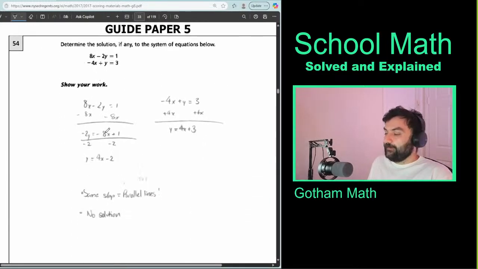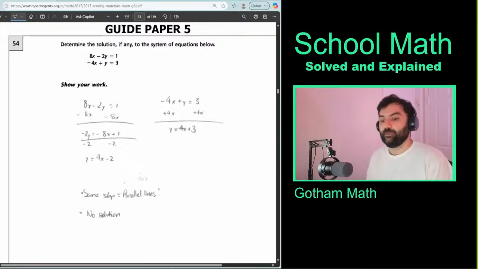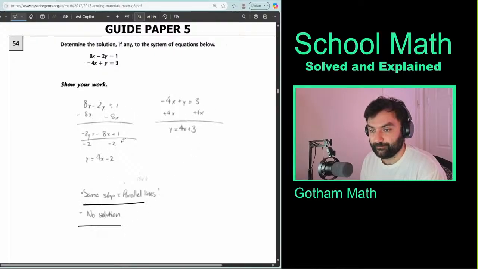Next. What do we have next? Next we have same slope, parallel lines, no solution. That's good. So why did you get 1 then? Y equals, that's one way.